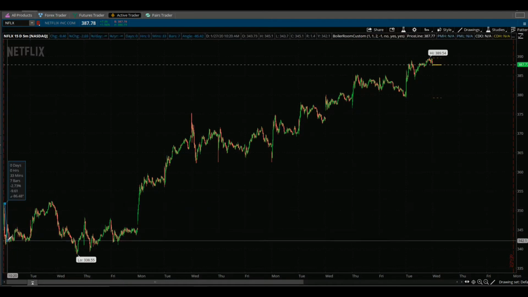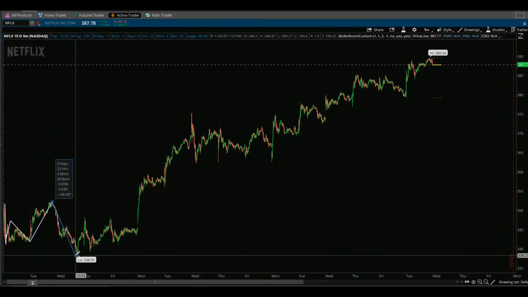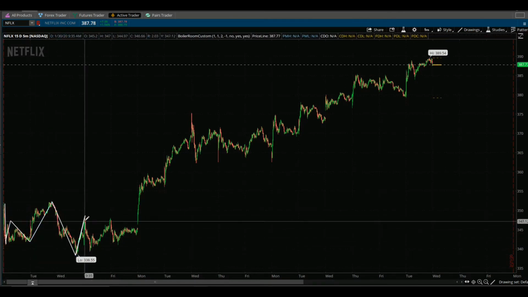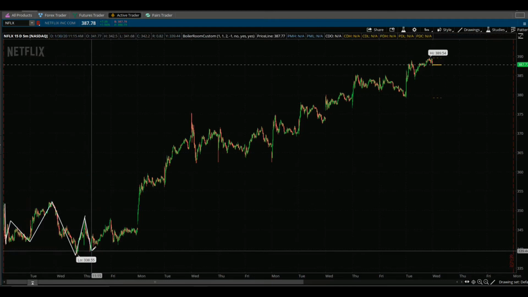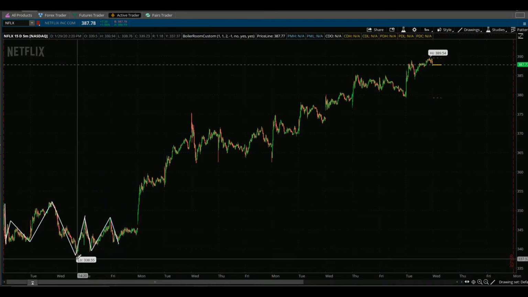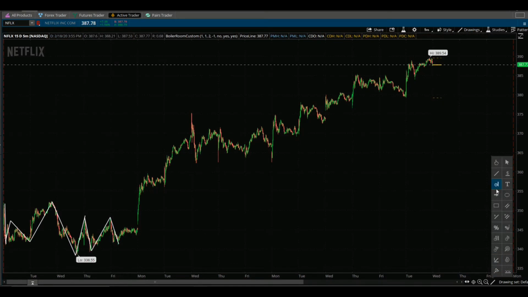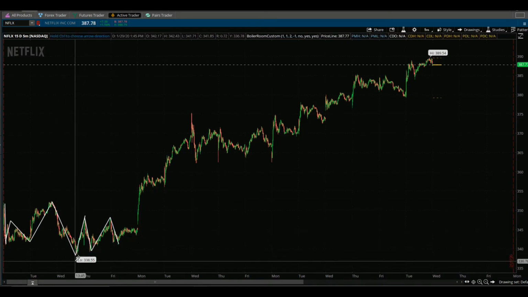We went from here down, kind of came up. So here we're sideways, because you can tell we're not really making any new highs and we're not really making any new lows. By the way, if you watched my previous video, we have a nice double bottom here. We actually have a triple bottom here, right?